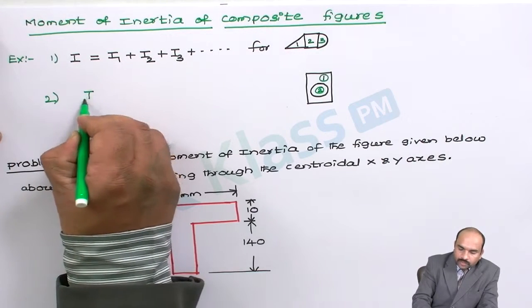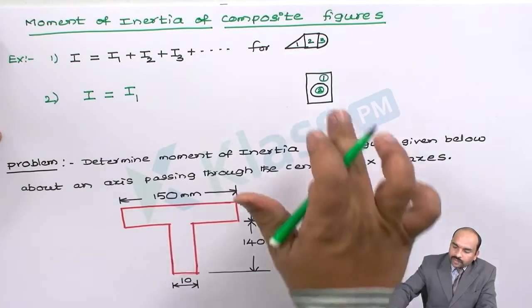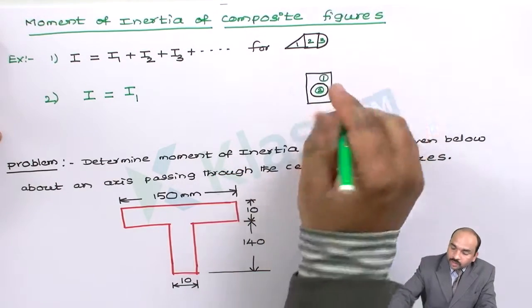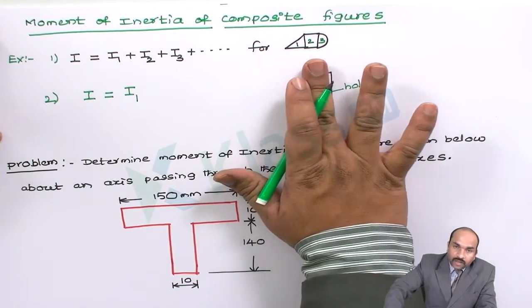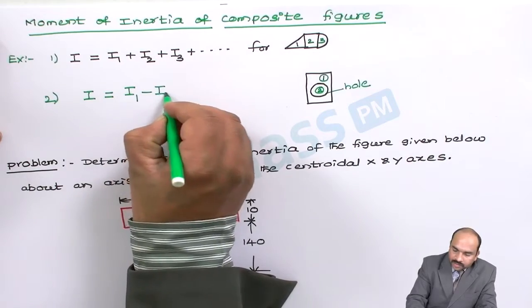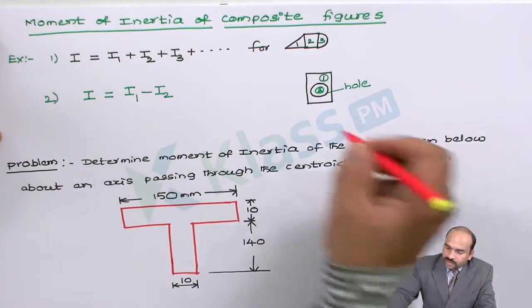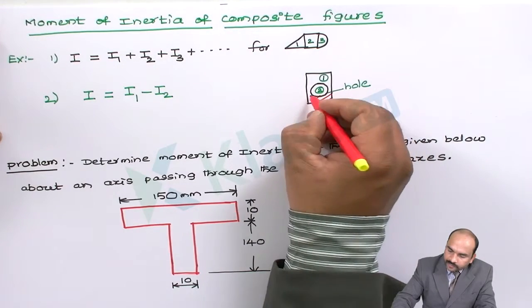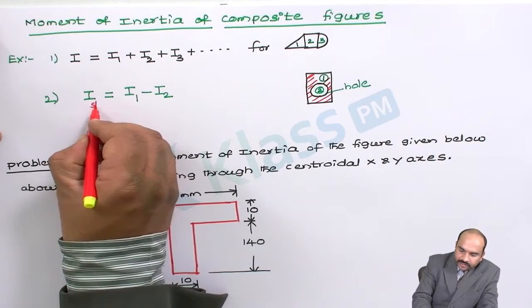The total moment of inertia is equal to I1, which includes this hole also. This is the hole. So total is 1 minus 2, that means I1 minus I2. Then we will get the moment of inertia for the shaded area.